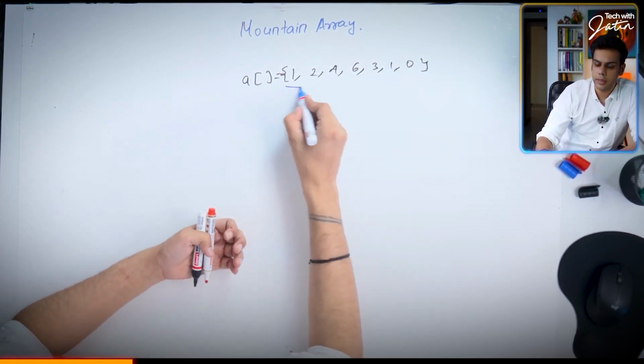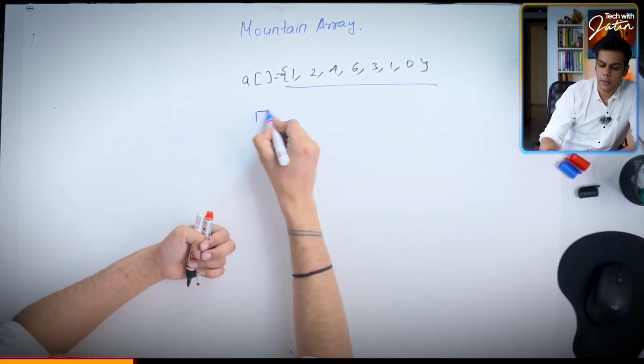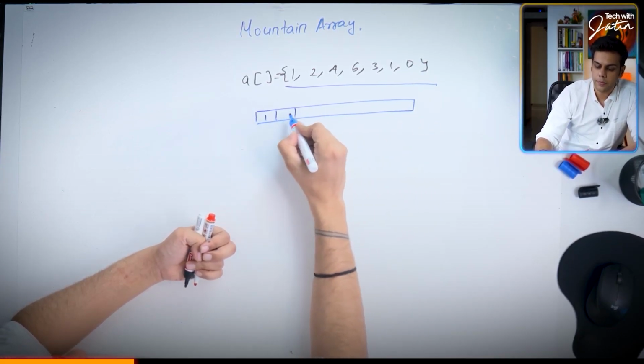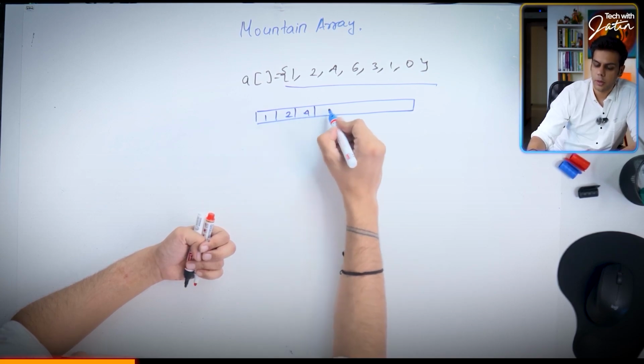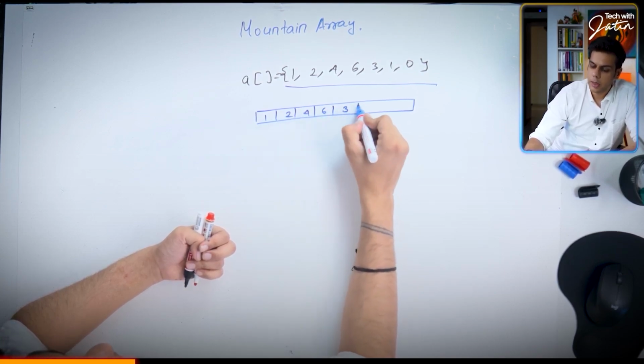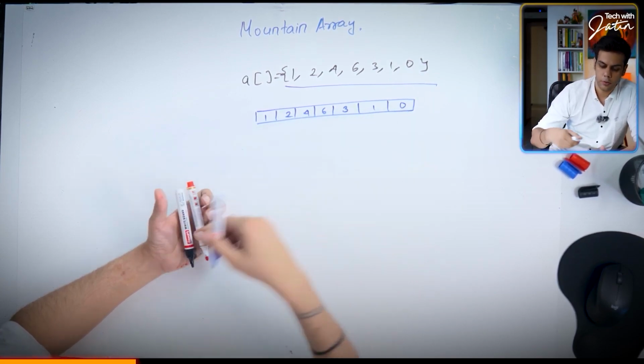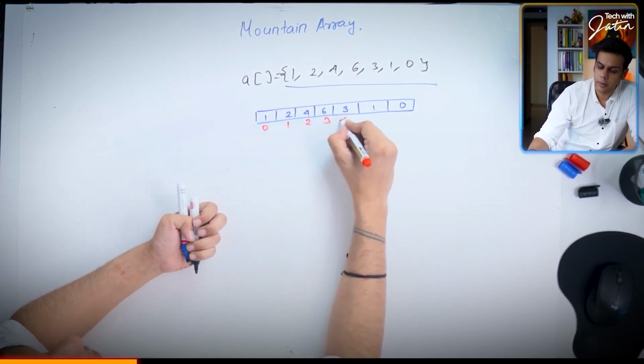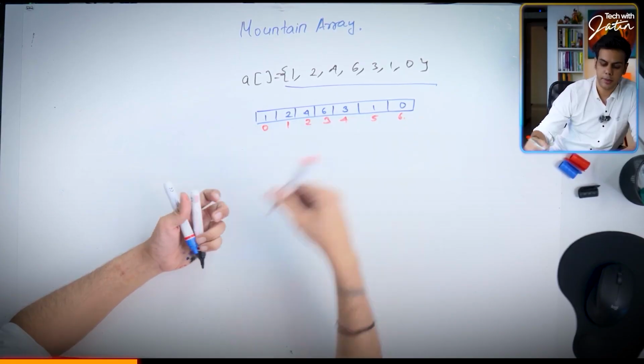This is my array. Let me just draw it for you guys. Something like this: 1, 2, 4, 6, 3, 1, 0. This is my 0th index, 1 index, 2 index, 3, 4, 5, 6.